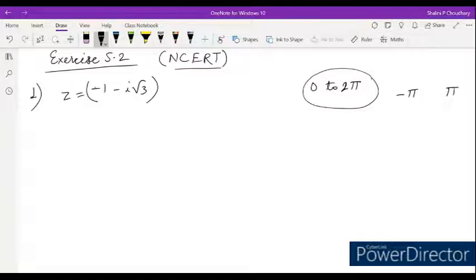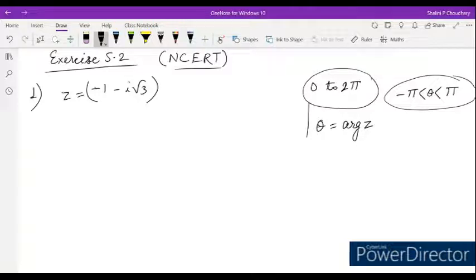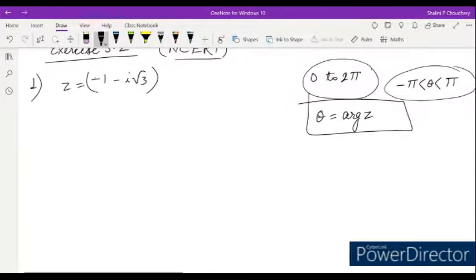It means angle theta should be greater than minus pi and lesser than pi. This kind of solution is called the argument solution, and the argument of z, theta, will be denoted as arg z. So these are some values that we should remember.